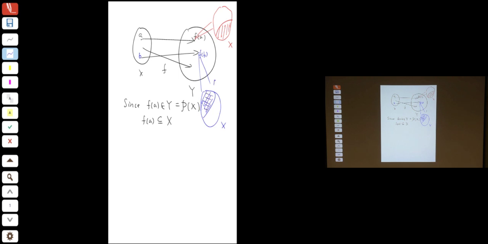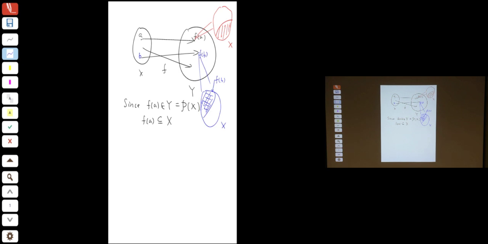So this shaded region is f(b). It could be like that. So here you have f, which will send elements from X to Y. Now what I did is just use a property of Y, because each point in Y actually is a region in X. Okay, good. So you're with me, right?